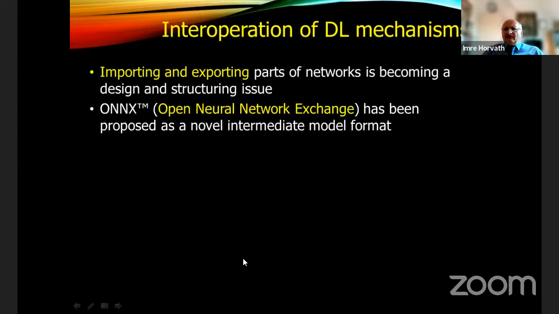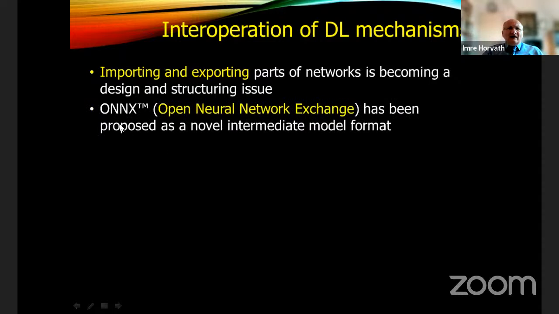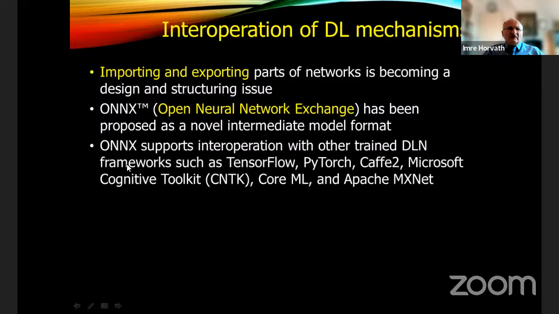There is also something about the interoperation of the deep learning mechanism. So importing and exporting parts of networks is becoming a design and structuring issue. There are different initiatives, for instance, the Open Neural Network Exchange initiative, which proposes a novel intermediate model format.